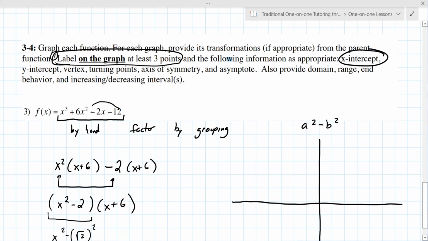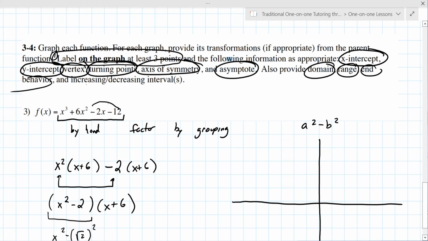I need to do the x-intercept, the y-intercept, the vertex, the turning points, the axis of symmetry, and the asymptote, domain, range, end behavior, increasing, decreasing, and so on. So there's a lot of parts to this problem. So it's not uncommon to either forget or not do them. So just really pay attention. Like, okay, I got those 3, or hey, I got those when we're done.